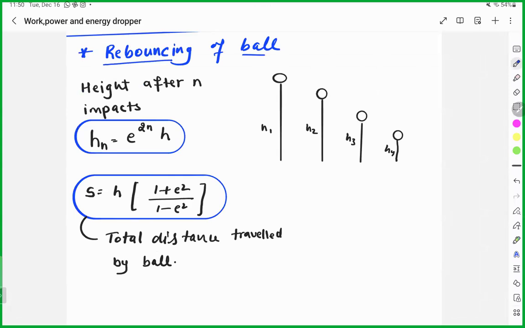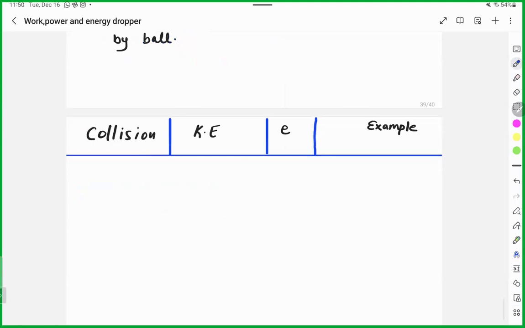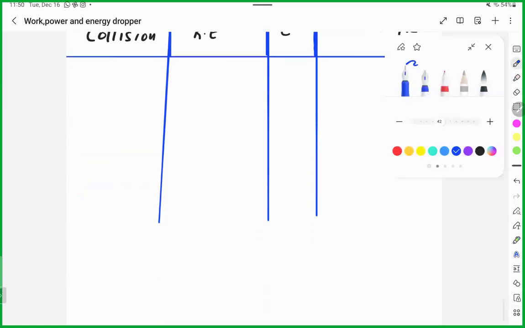Done. हाँ. So, अरे, yeah. So we have different type of collision here.